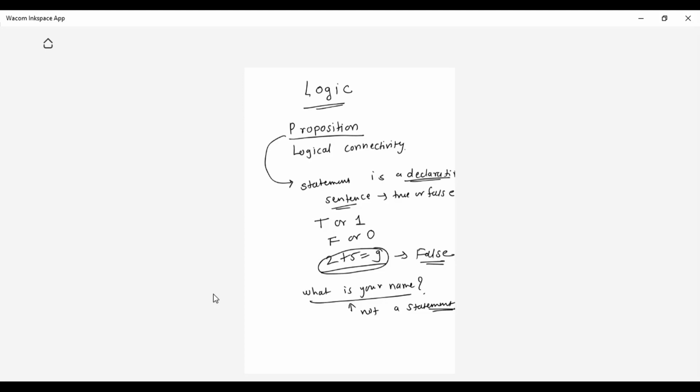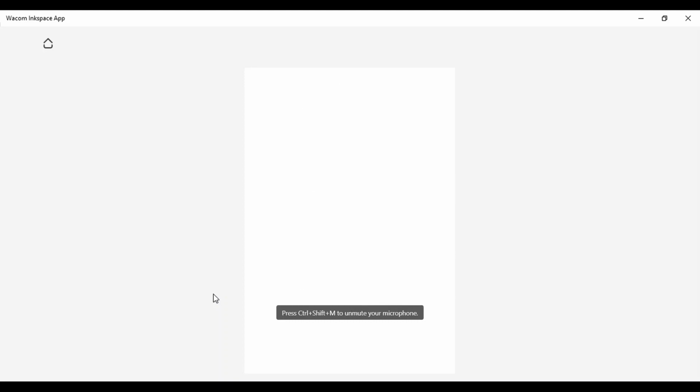If I'm saying please wait, if I'm asking what are you doing, if I'm saying wish you a happy journey, these are not statements because they are not going to give us the values true or false. Now we will move to logical connectivity, students. Let me change this.